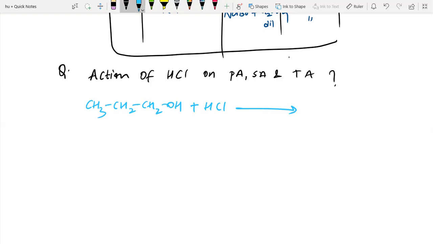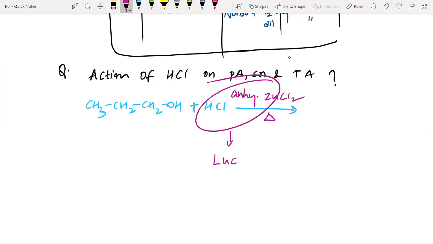that is anhydrous ZnCl2 and heat. Collectively, this is known as Lucas reagent.